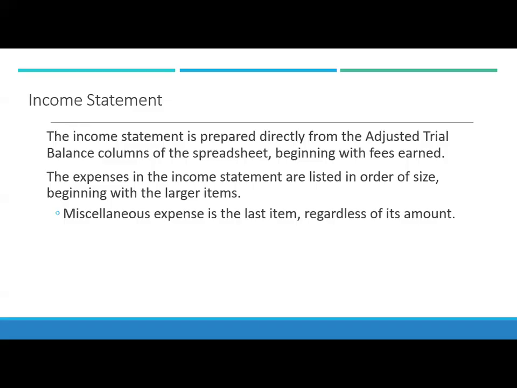Everything that was too small to be listed separately is listed as miscellaneous or other expense, and that's at the bottom. There are some examples that we're going to go through on the slides that don't obey this order, but this is the best practice: ordering the expenses from greatest to least. So larger expenses at the top, larger revenues at the top, if certain types of revenue streams are more than others.